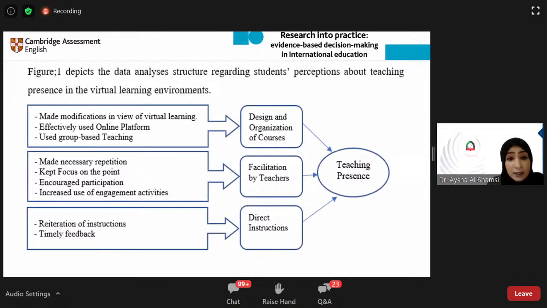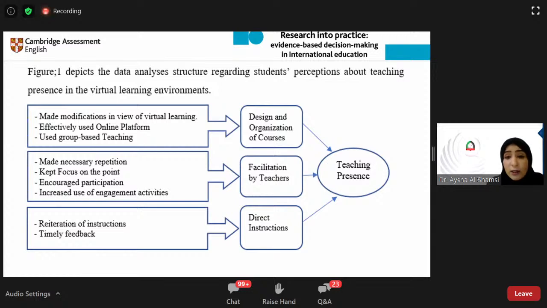Teachers also used group-based teaching. Students liked the group-based teaching, and the facilitation they received from their teachers kept the students focused. Actually, some students highlighted the unnecessary repetitions by teachers, because it is online learning and teachers had to repeat certain instructions.